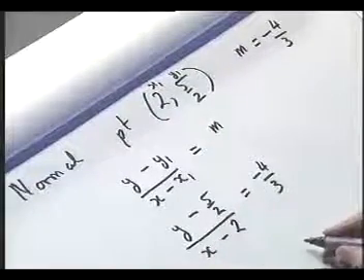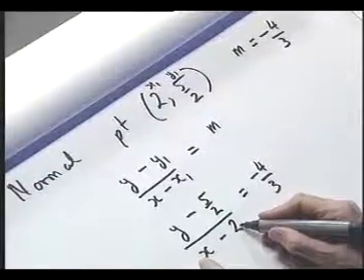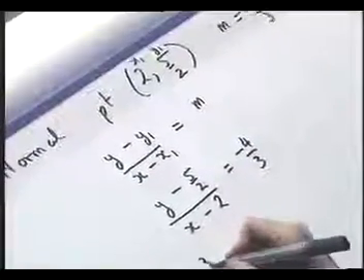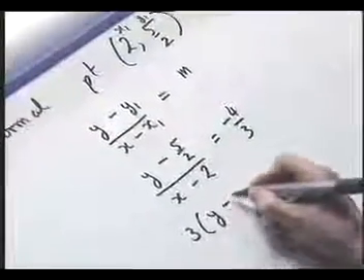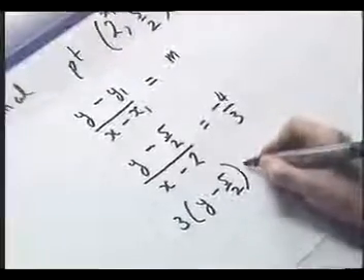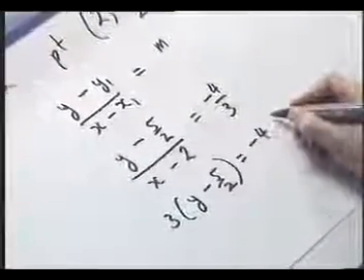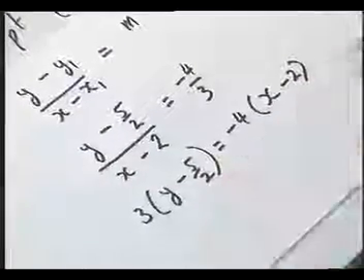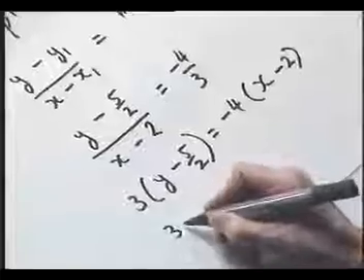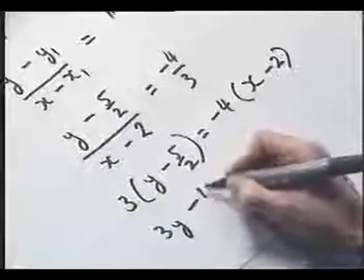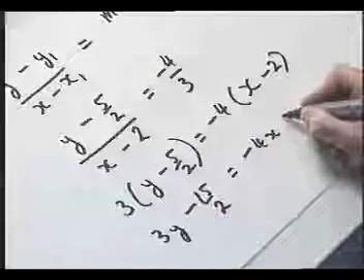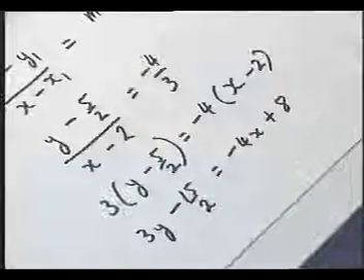Let's multiply up by x minus 2 and by 3. So we have 3 times y minus 5 over 2 is equal to -4 times x minus 2. Multiply out the brackets. 3y minus 15 over 2 is equal to -4x plus 8. Now let's get things together.